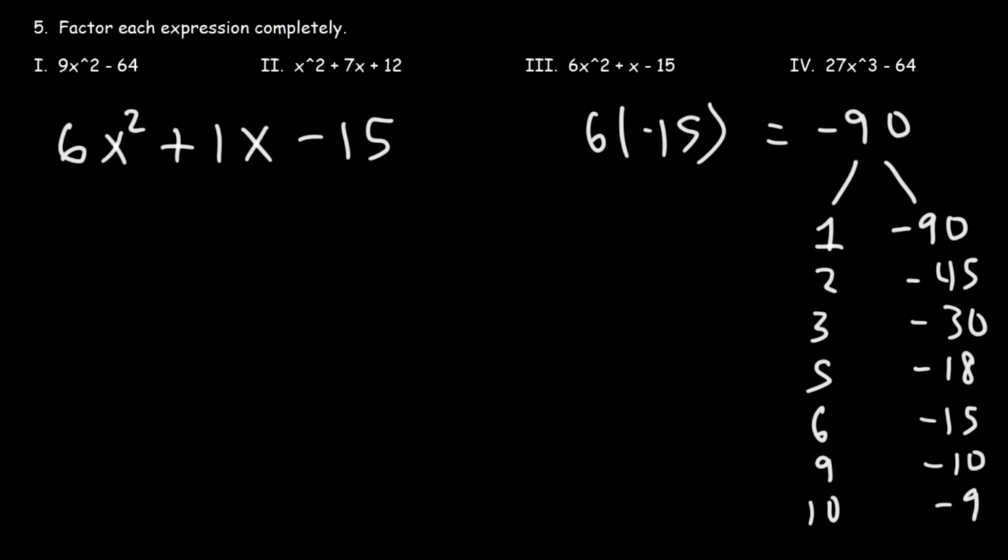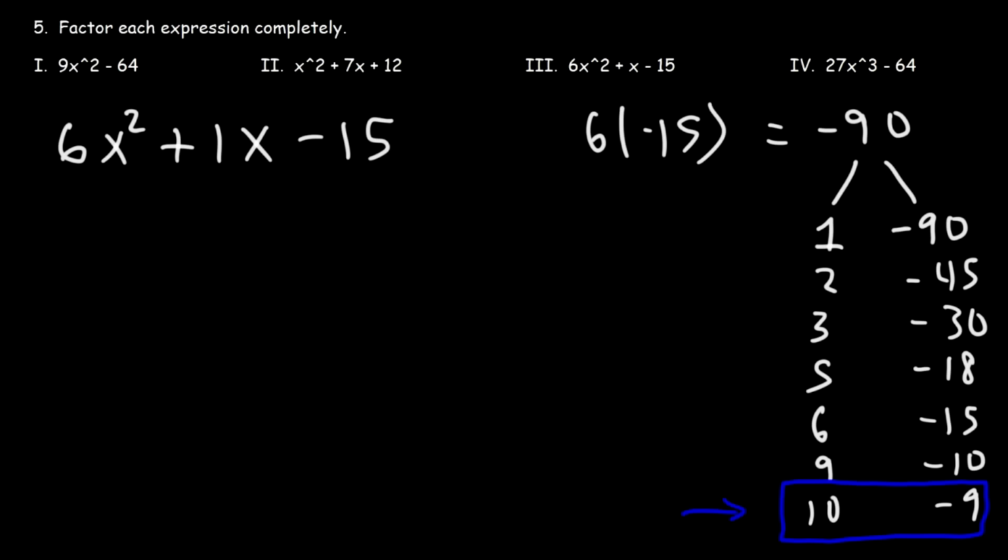Now, which pair of numbers will add up to 1? So looking at the list, if we look at 9 and negative 10, that's going to add up to negative 1. But positive 10 and negative 9 adds up to positive 1. And so this is what we're going to use.